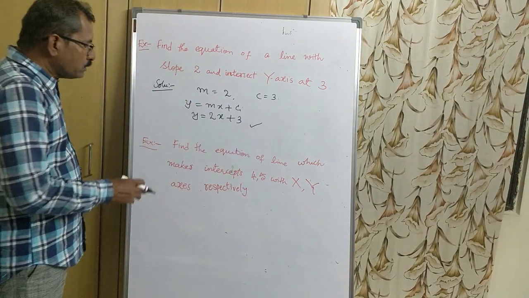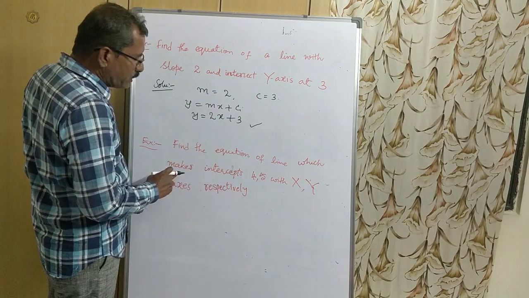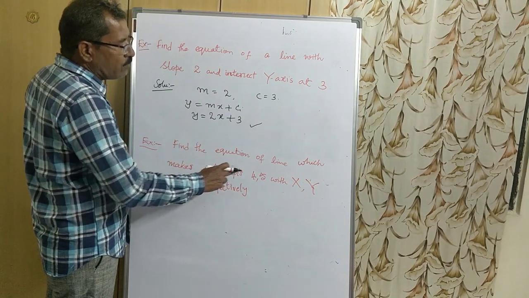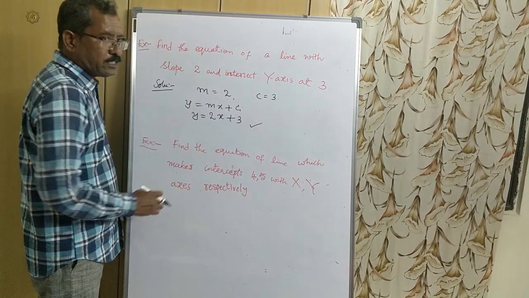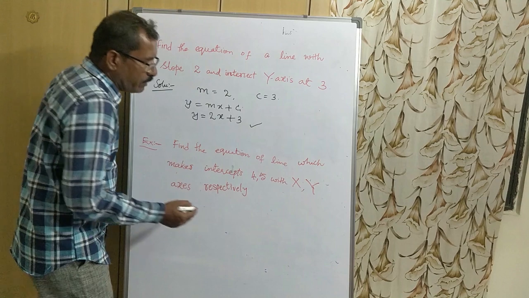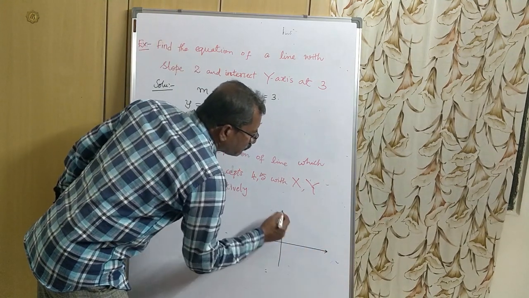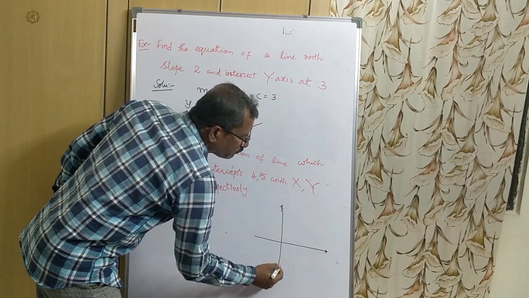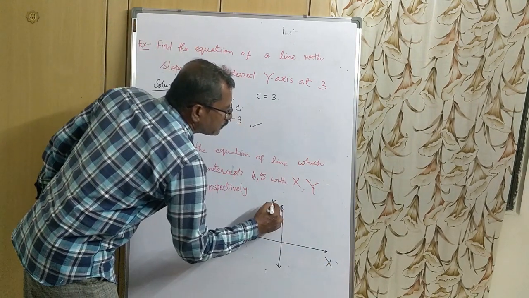See this one also. Find the equation of the line which makes intercepts 4, 5 with the x, y axes respectively. That means x-axis, y-axis.